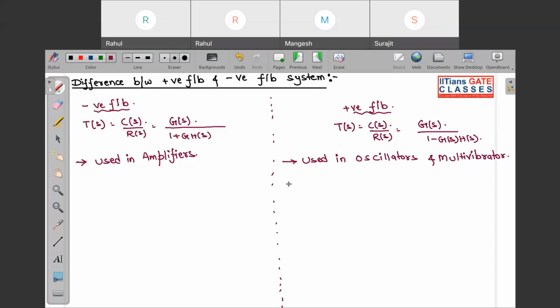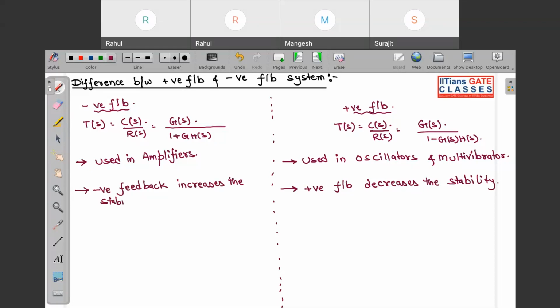Now next is positive feedback. I cannot prove all the things because if I start proving, then it will take a lot of time. So positive feedback basically decreases the stability, whereas negative feedback increases the stability.